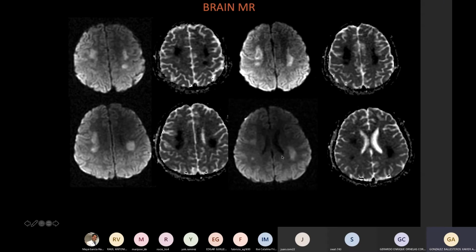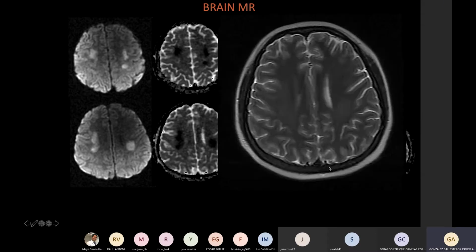And also the T2 weighted image showed very subtle hyperintensity on the bilateral corona radiata.